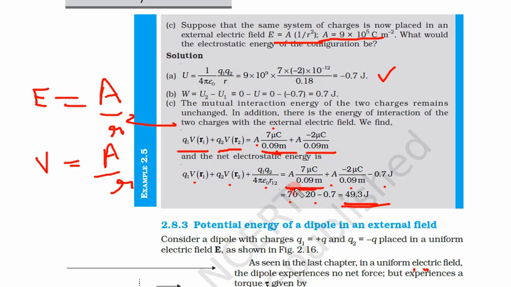Direction is negative but distance is positive. This is 0.09 meter, this is again 0.09 meter. When you put these, V is equal to A by R, and with this charge Q, you will get the total energy term, which is 49.3 joule.